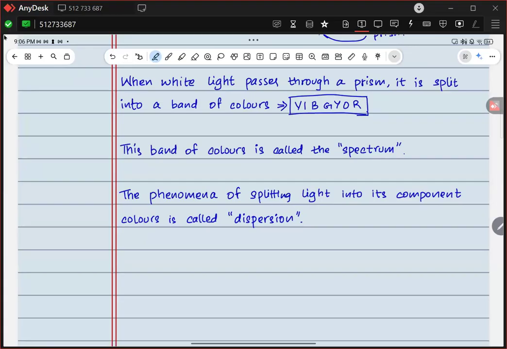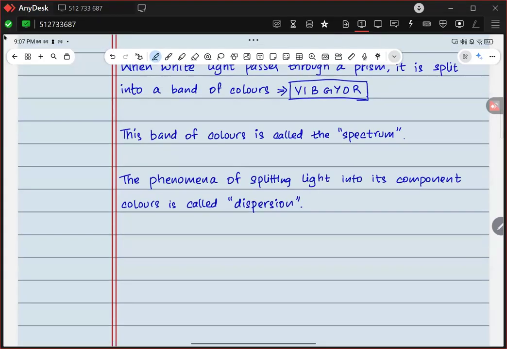Okay, so this phenomenon is called dispersion, and the band of color that is produced is called spectrum.